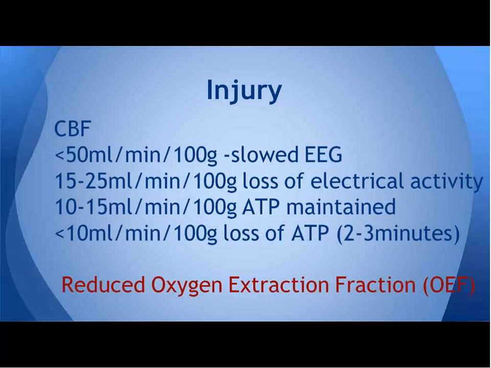ATP is the primary source of energy within the cells of the body, and without ATP, you get cell loss and cell death. The brain is able to function with a reduced oxygen extraction fraction, but as oxygenation and glucose decline, the brain continues to have irreversible changes to the cells.